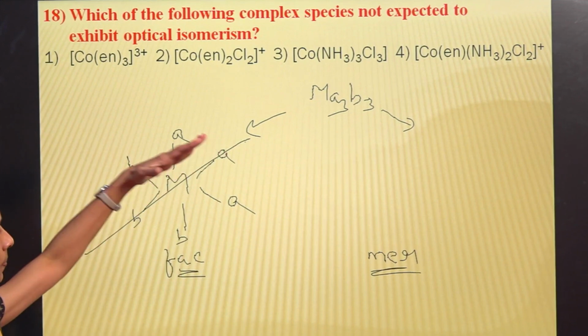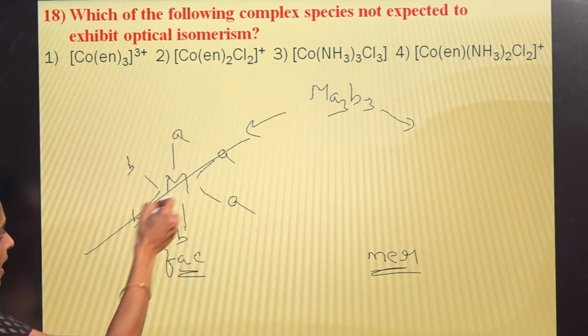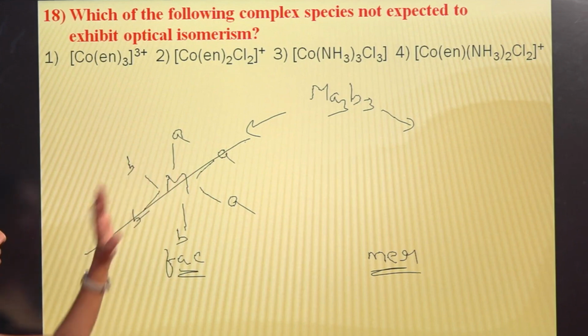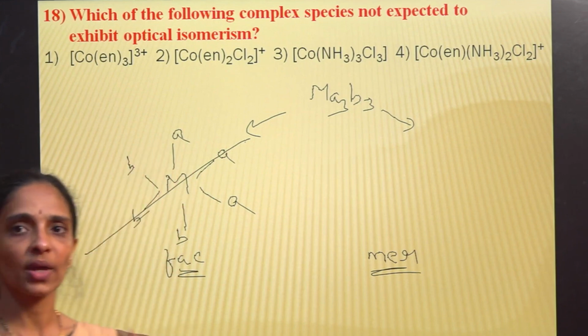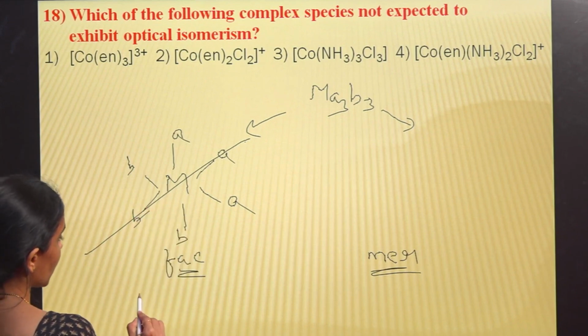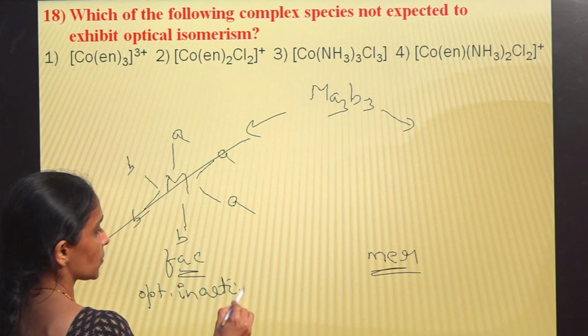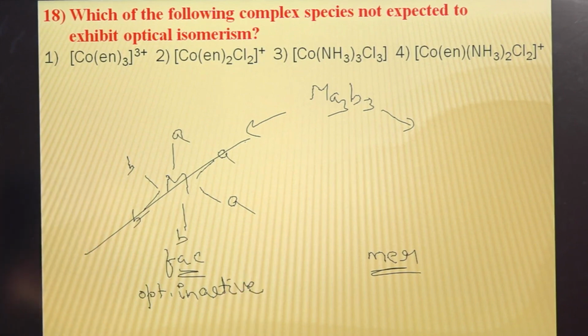If you pass a plane through the molecule like this, along the A and B axis, then the molecule will be cut into two exact halves. So there is a plane of symmetry. That is why this particular form is optically inactive.